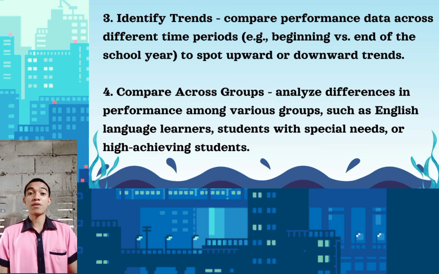You have to compare performance data across different time periods, for example, beginning versus end of the school year, for us to spot upward or downward trends. The last one is compare across groups. Analyze differences in performance among various groups such as English language learners, students with special needs, or high-achieving students.